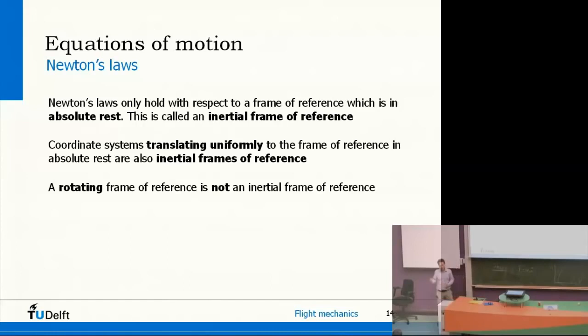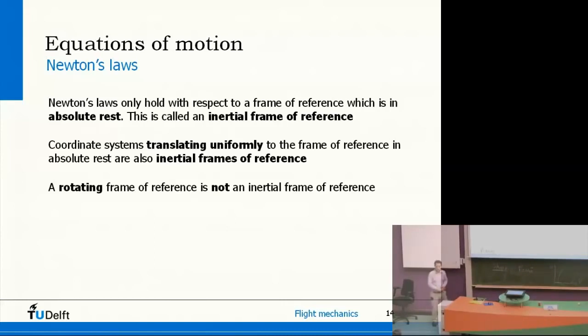If, however, that train would go through, you still have the curtains closed, and you'd go through a corner, so circular motion, so a rotating axis system, then you'd notice something. You suddenly notice that you'll get squashed against a window, like when you're in a car, when you go around the corner. So you can see immediately that that case is not an inertial frame of reference.